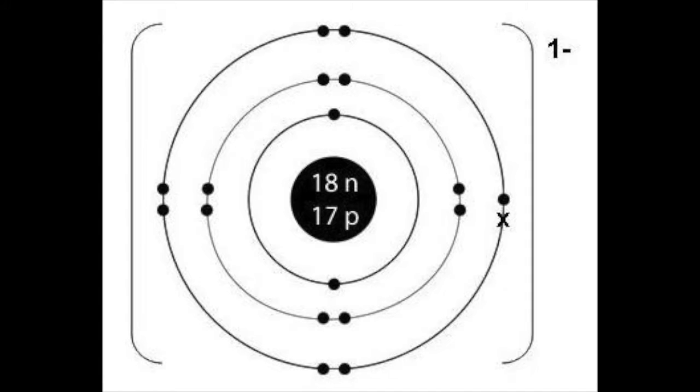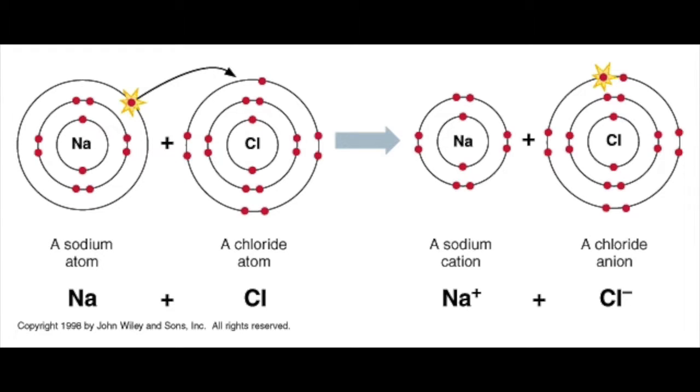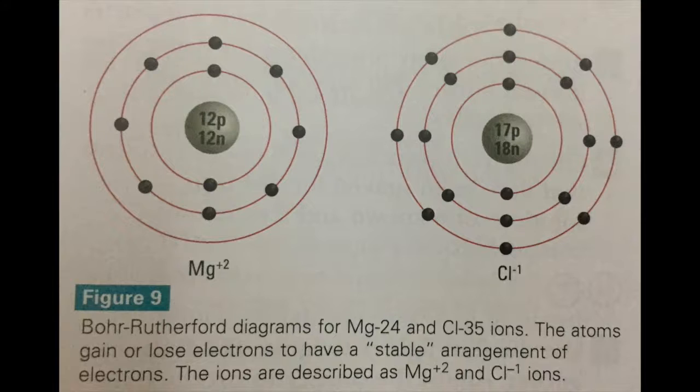Many elements tend to form ions by losing or gaining enough electrons to have 2 or 8 electrons in their orbits. For example, look at the atoms in Figure 9 and compare them with Figure 8.